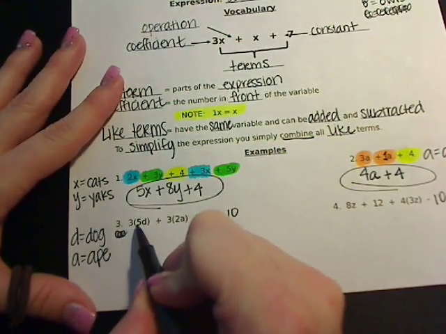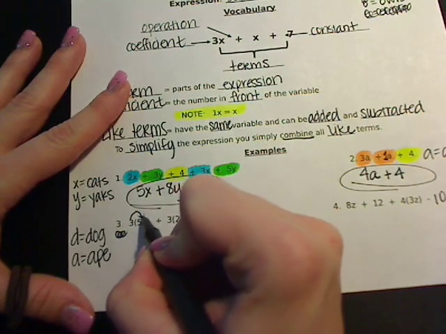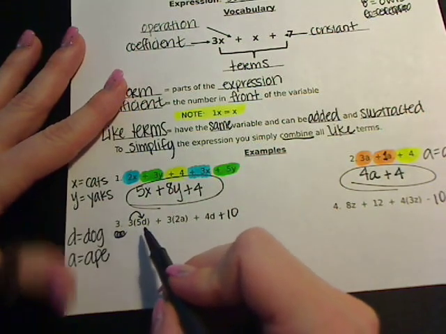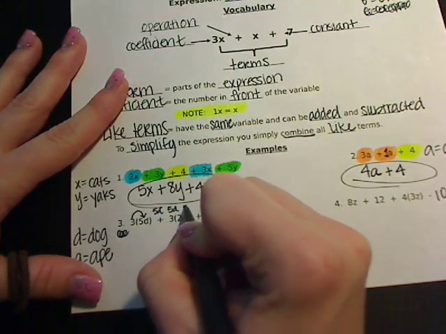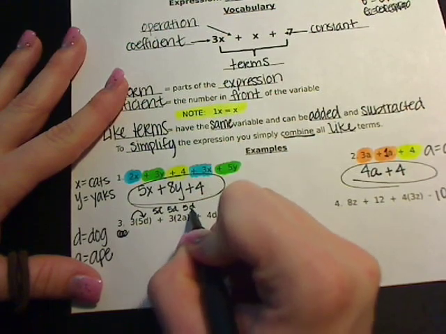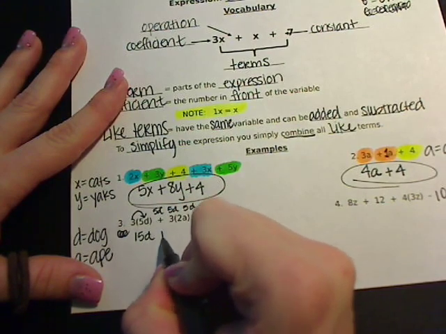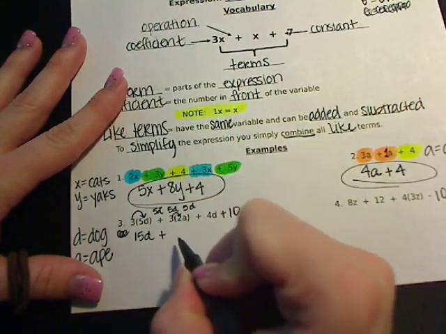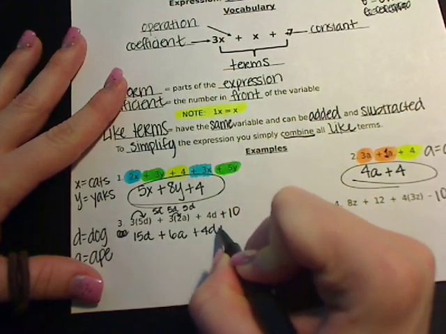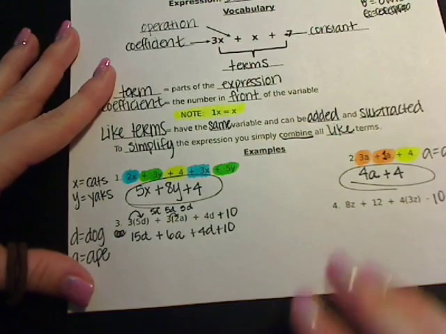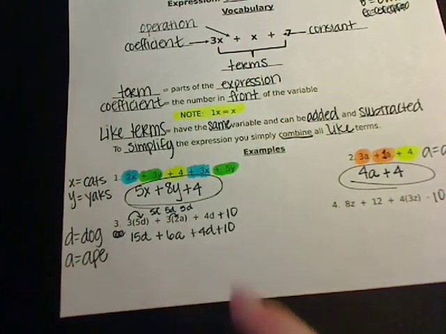So remember, a number next to parentheses means to multiply. So this is like saying 3 times 5d. So if I had 5d 3 times, that's 5, 10, 15, or 3 times 5. That's 15 d's plus 3 times 2a would be 6 a's plus 4d plus 10. So I just rewrote that so it's easier for us. So you're going to need to do the multiplication before you can combine like terms.